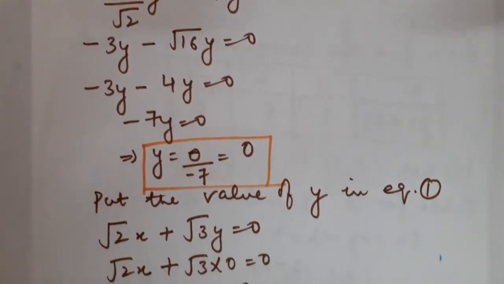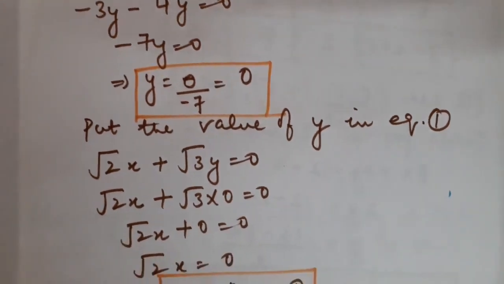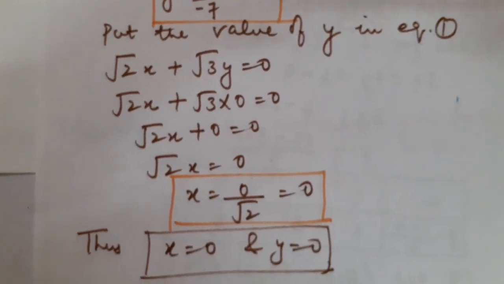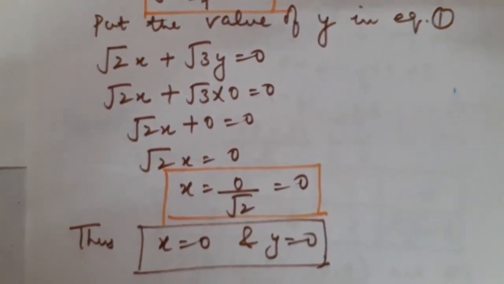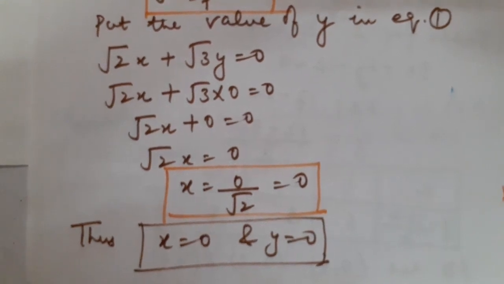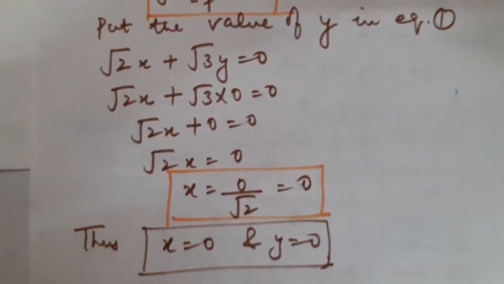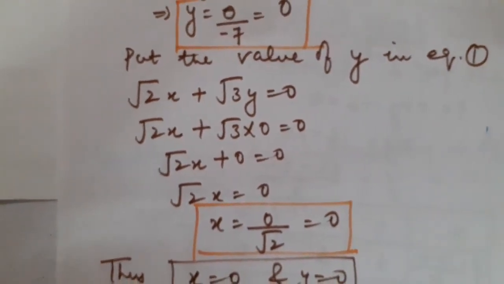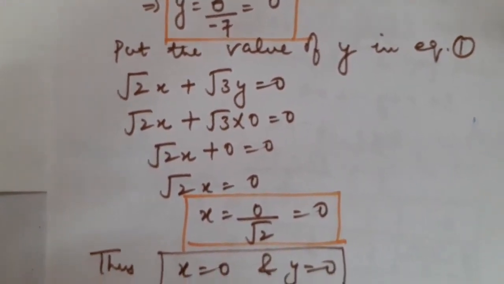Now put the value of y in equation number 1. Children, equation number 1 is root 2x plus root 3y is equal to 0. Root 2x plus root 3 into 0. See, we have just calculated the value of y, which is 0.